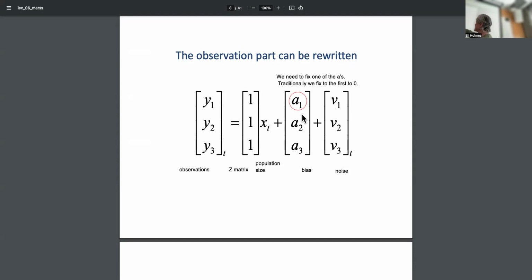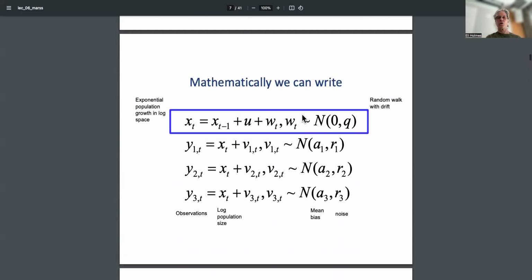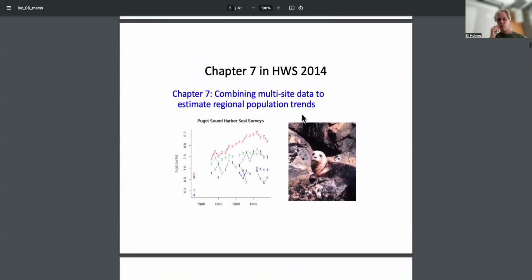We have to fix one of these to 0, otherwise it's an indeterminate system. What you do is you just pick one, it doesn't matter which one you pick. You say, okay, I'm going to have the X basically go through this one, and all these other ones are going to be scaled relative to the X that goes through this.